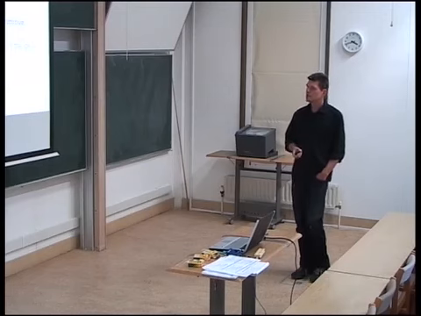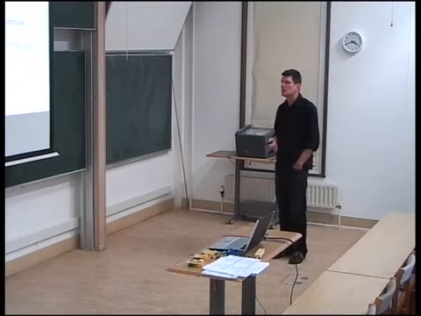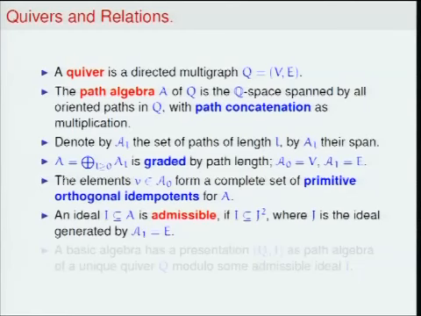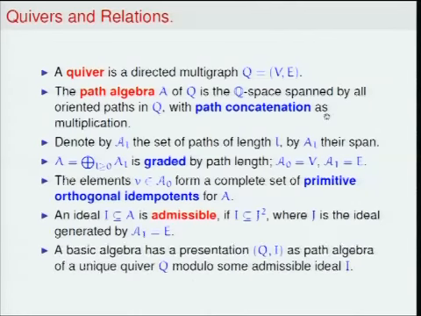In order to write down a quiver presentation, one needs relations, and the relations have to be of the form that they generate an ideal which is admissible. That is, it lies in the square of the radical, in the square of the ideal J generated by all the edges of the quiver. It's a fact that the basic algebra has a quiver presentation.